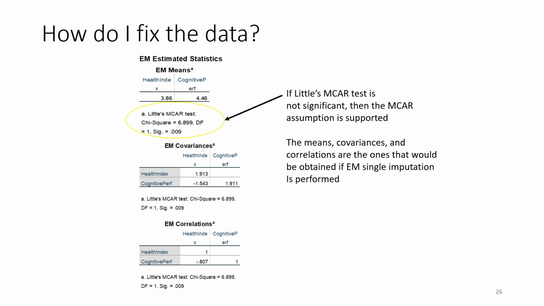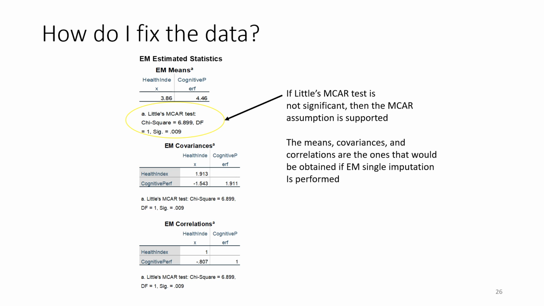Therefore, virtually any of the missing data treatments that I mentioned are reasonable, although I do want to re-emphasize that single imputation would be the best approach of the ones that I talked about.